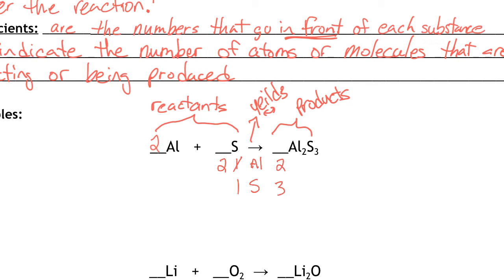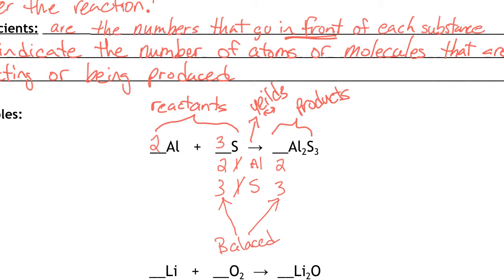Now I'm going to drop down to sulfur. I've got 3 on the product side, but only 1 on the reactant side. So in order to get 3, I'm going to put a 3 in front of it, a coefficient of 3, update my total, and now I'm balanced. When your numbers are the same for every element, we say this is balanced.